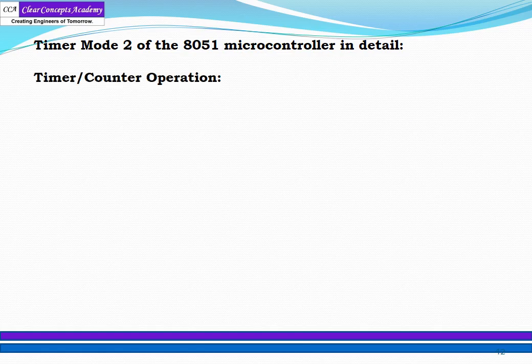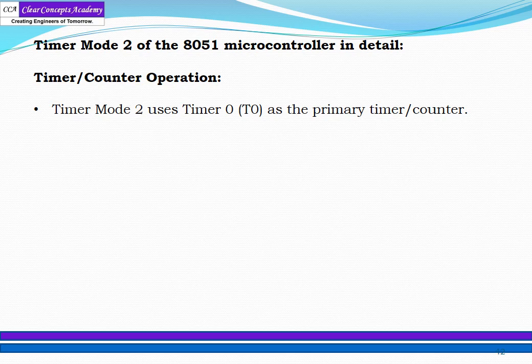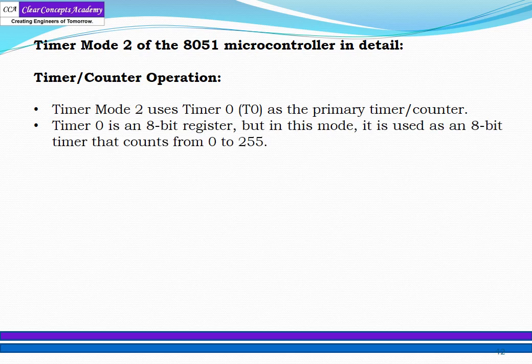Timer or counter operation. Timer mode 2 uses timer 0, T0, as the primary timer or counter. Timer 0 is an 8-bit register, and in this mode it is used as an 8-bit timer that counts from 0 to 255.